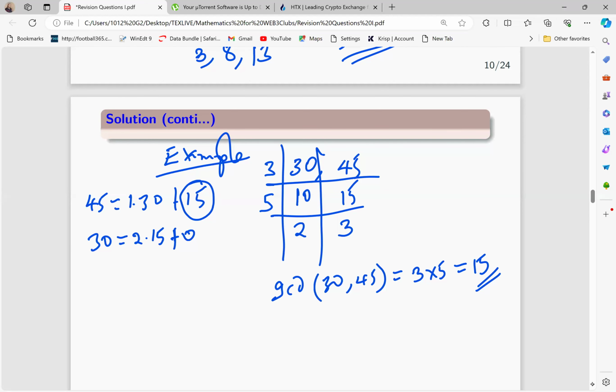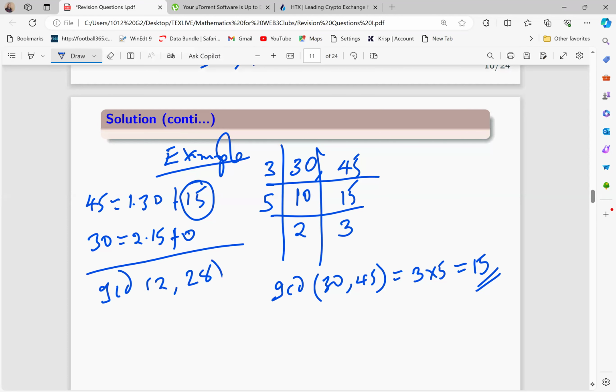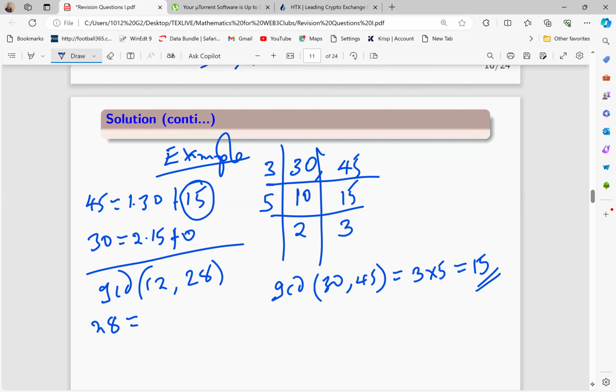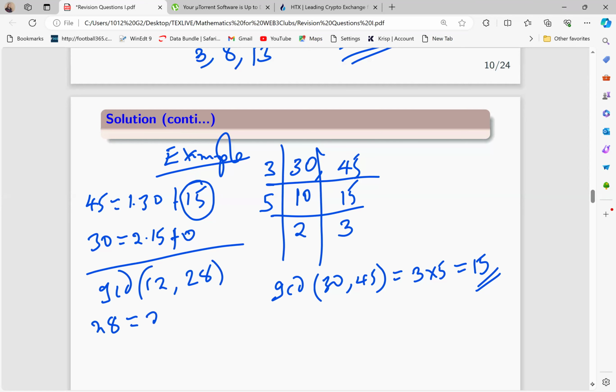Let me show another example. I want to find the GCD of 12 and 28. Is that okay? I'm using this method. So I ask myself, 12 into 28, how many times? It goes there twice. Is that okay? The remainder is what?